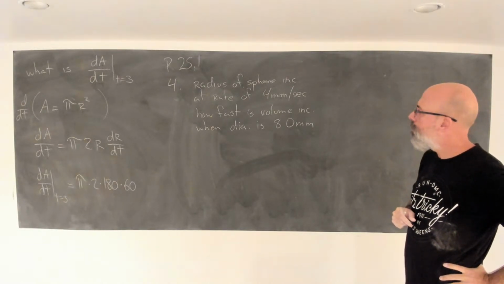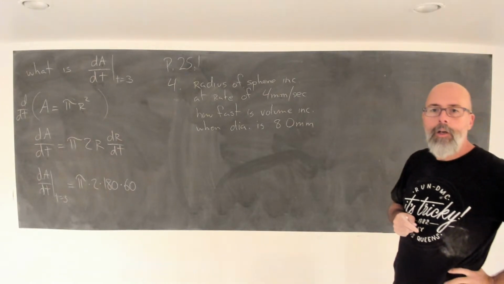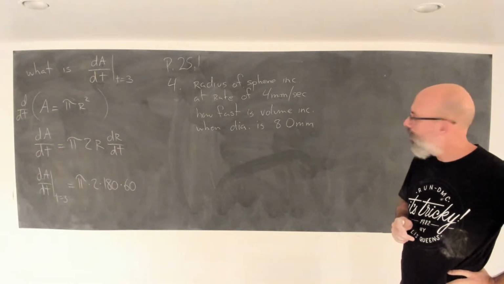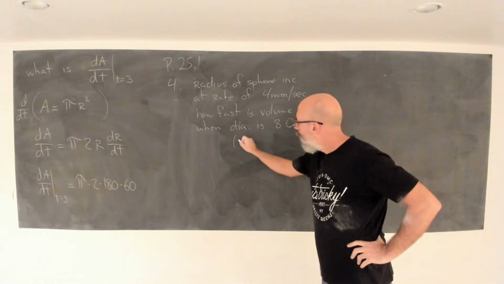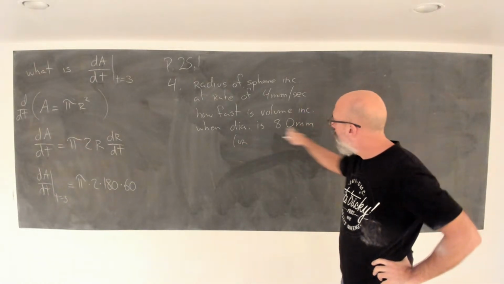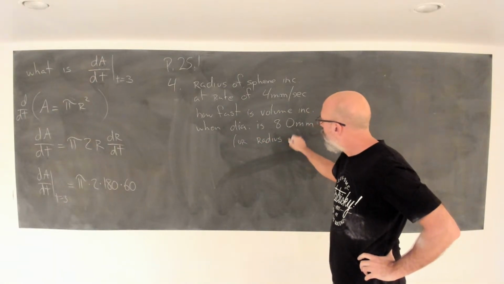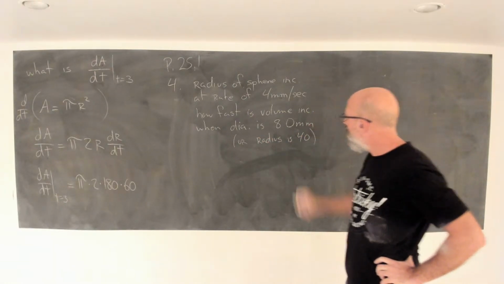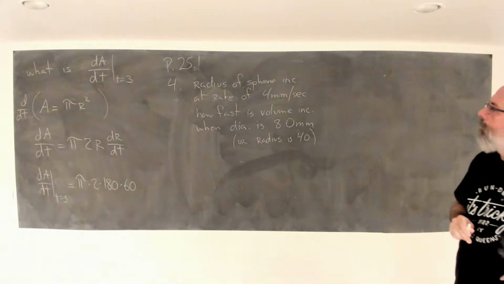How fast is the volume changing when the diameter is 80? Don't be fooled here. Or the radius is 40, right?